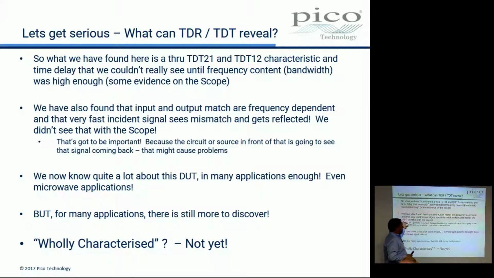Now that reflection might be quite important because the signal coming back at the source, it could damage it actually. If the source is a reasonably high power amplifier and it's getting signal back that is double the voltage it sent out in the first place, ouch! Yeah? And this is what happens on the national grid at 50 hertz.